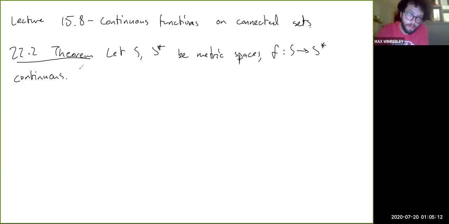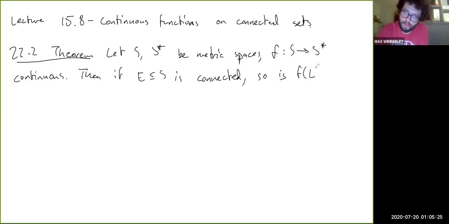Then if E is connected, so is F of E as a subset of S star. Okay? So the proof is actually very simple, and it really ties together some of the concepts that we've been talking about nicely, I think.